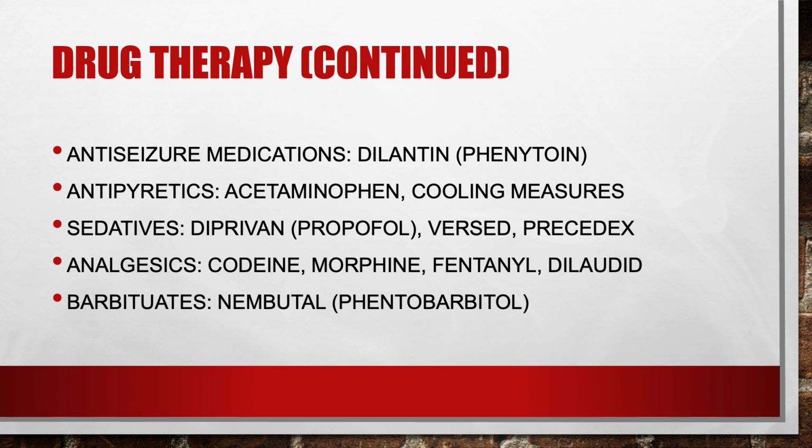We want to control that fever with an antipyretic, like acetaminophen, or use those cooling measures like putting some cooling packs on their body. We can wrap their arms and legs with warm compresses to prevent shivering because, again, shivering increases those metabolic demands and increases intracranial pressure.